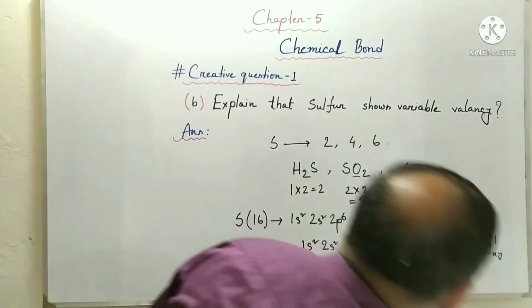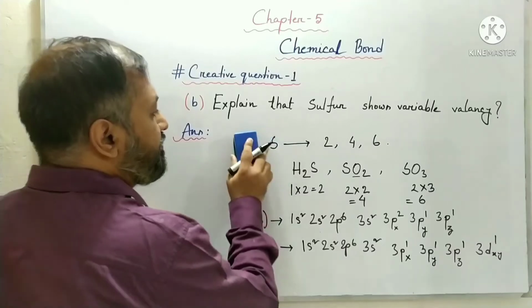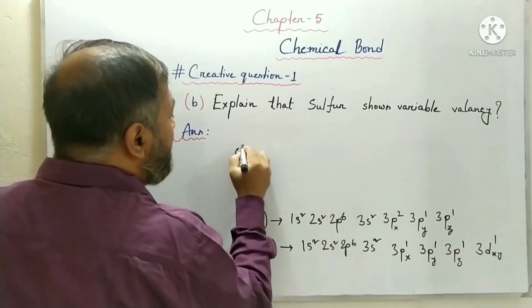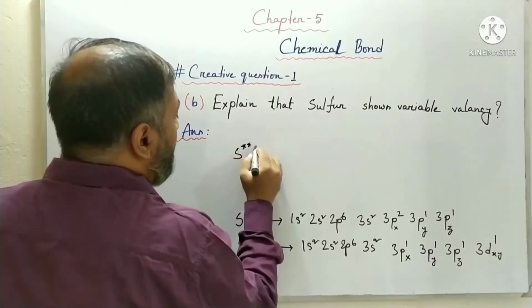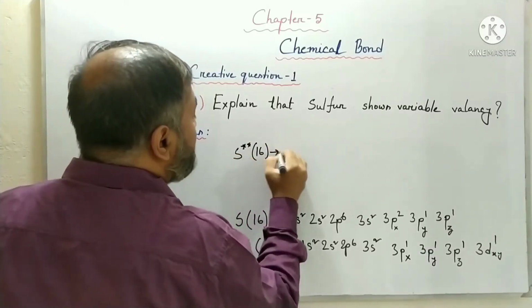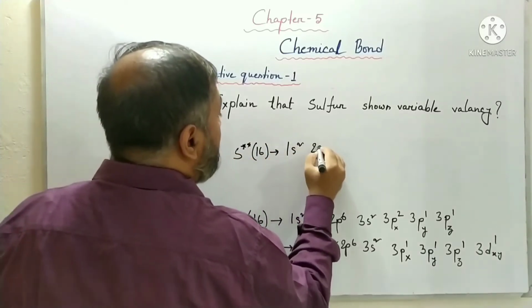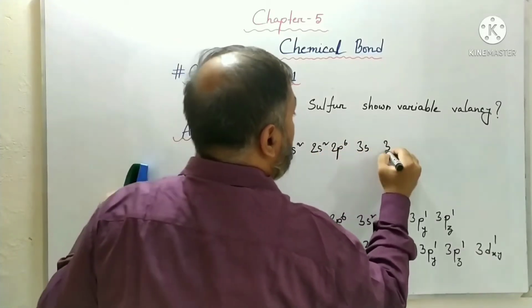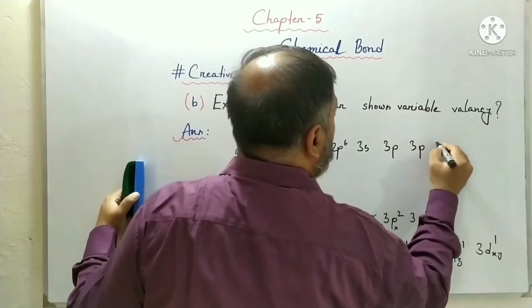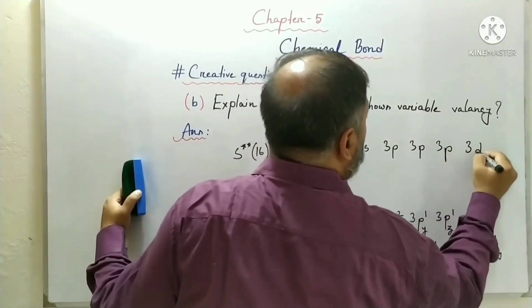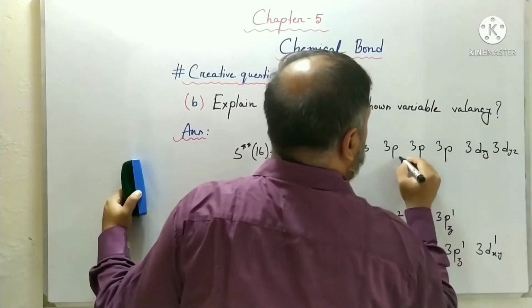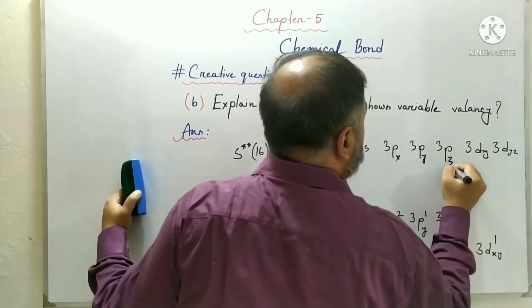And in the third case, what will happen? We will observe, you can see students, when sulfur is extremely excited, the electronic configuration of sulfur becomes 1s2, 2s2, 2p6, 3s, 3p, 3p, 3p, 3d and 3d xy, yz, x, y and z.